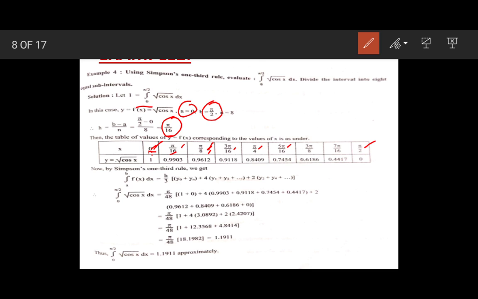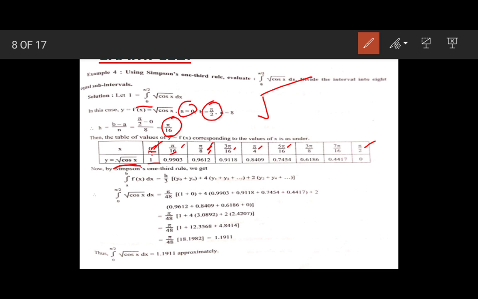Now I'm going to find the y values. Now y is what? Under root of cos x. So for x equal to 0, it will be root of cos 0, and cos 0 is 1, root of 1 is 1. Then cos pi upon 16, so what I have to find?